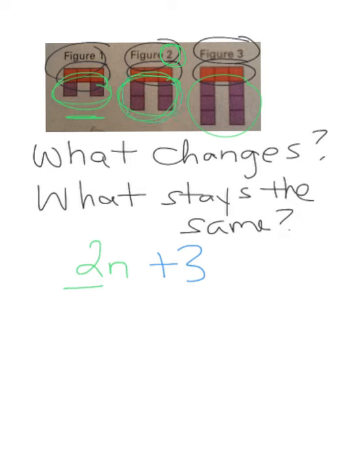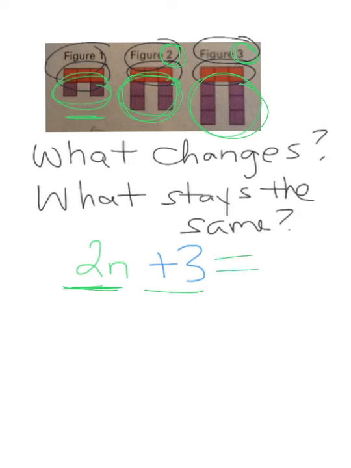Again increasing by 2, 2 times 3, if we use the third figure number, is 6. And how many purple blocks are there? 6. So whatever stays the same gets added to the equation, and whatever changes, you have to see what it's increasing by, and that will take the place as 2 times the figure number.